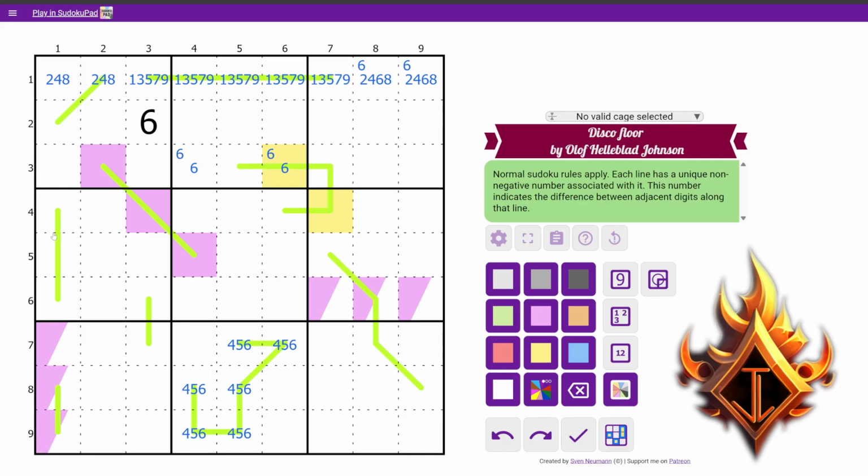Do anything else with 6. If this one had a difference of 3, it could be on there.